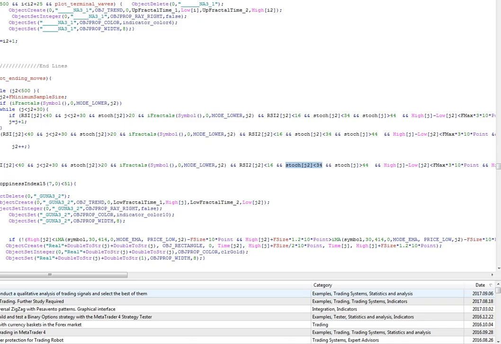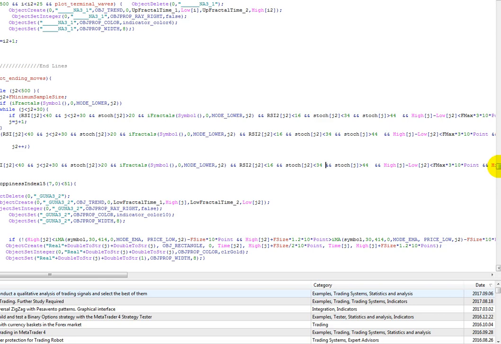And what you see on the screen right now is a stochastic filter. I wanted to point out on the chart that there was something that could have been an ending line, yet it was disqualified by the stochastic reading being above 34.